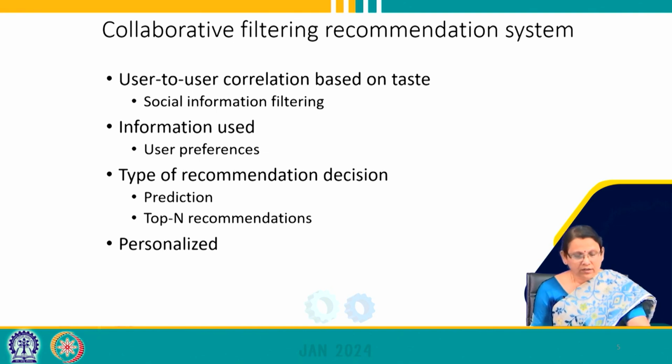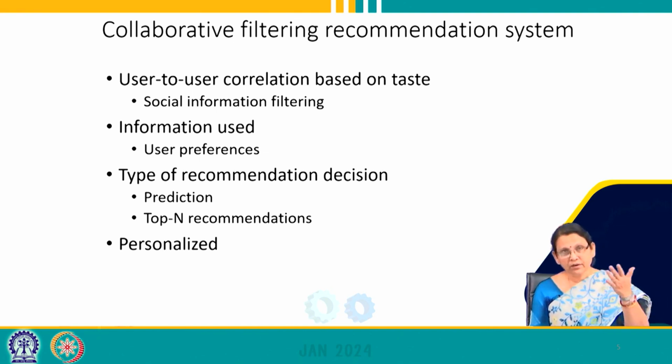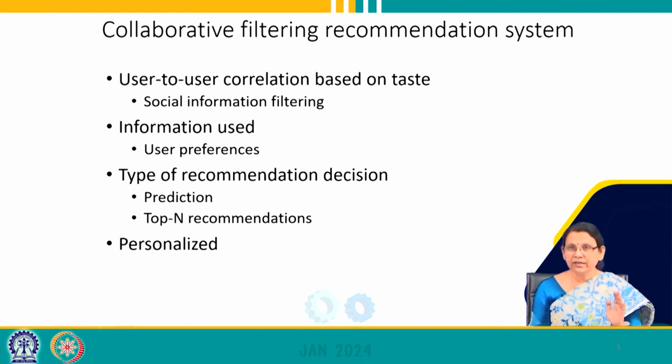The input in the previous case, in your content based system, what was the input? The item features and user preferences. So, which matrices did you use? Try to remember, we talked about three matrices.